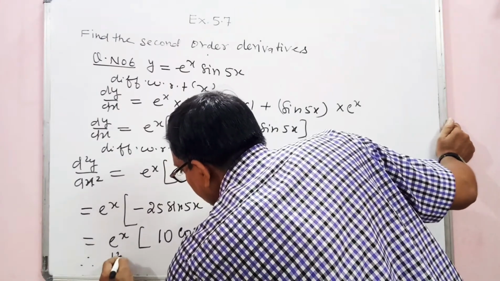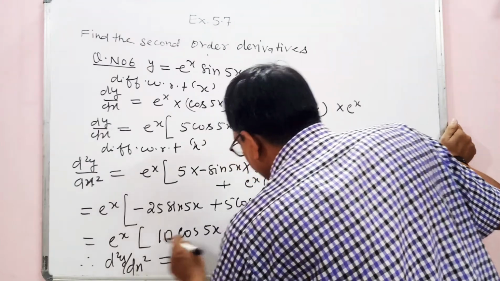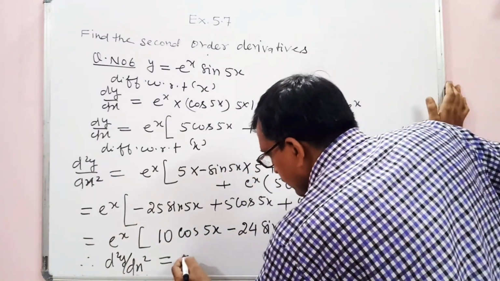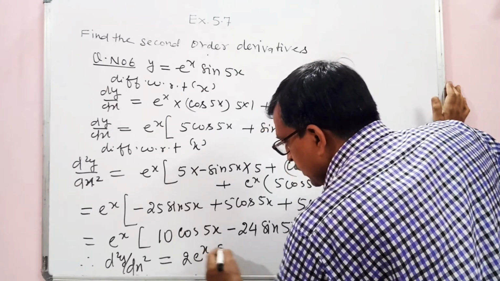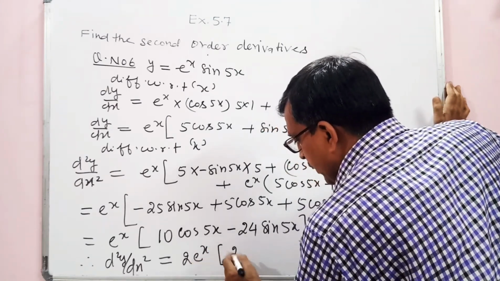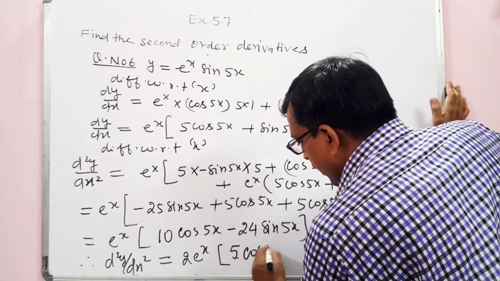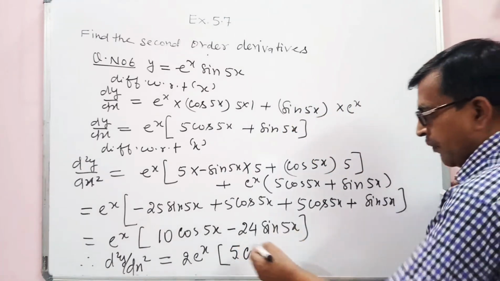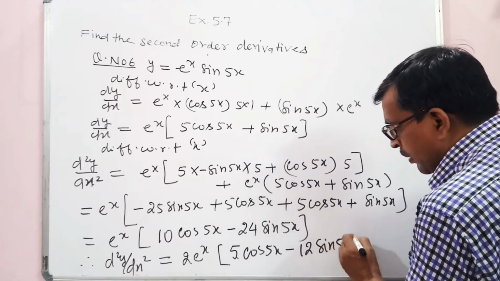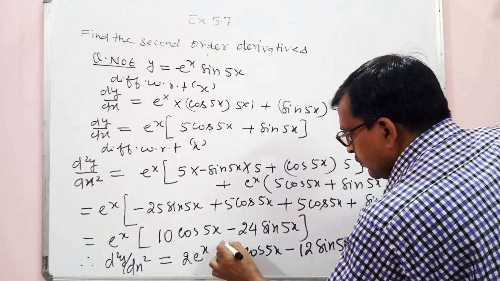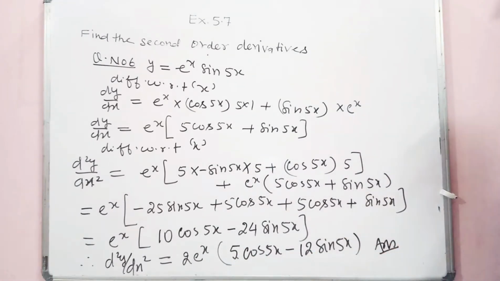Therefore d square y by dx square equals, taking 2 common, 2e^x (5 cos 5x minus 12 sin 5x). Answer.